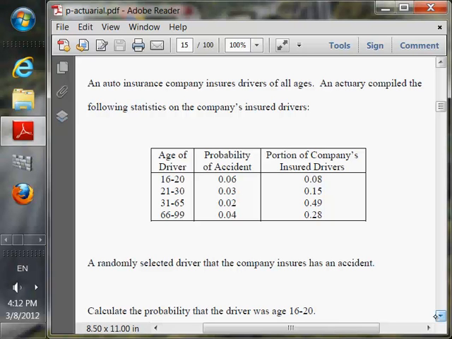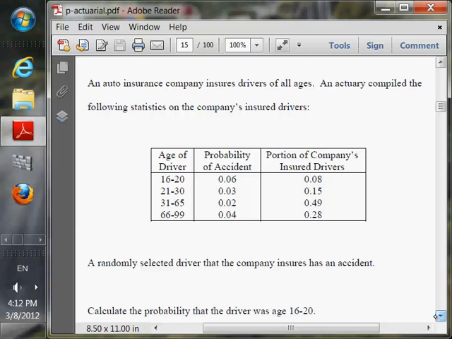If I would like to start with this problem, then the question is, what this problem is. To make it a bit more challenging, I would have put the problem in the following way in an exam. A randomly selected driver that the company insures has an accident.